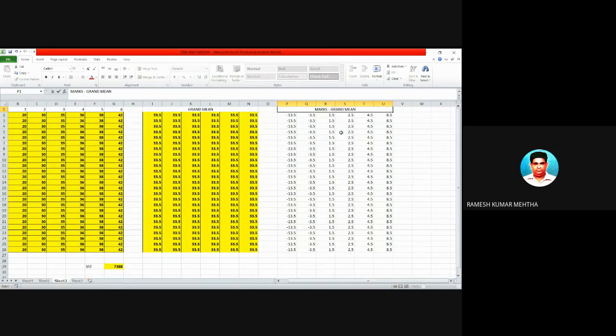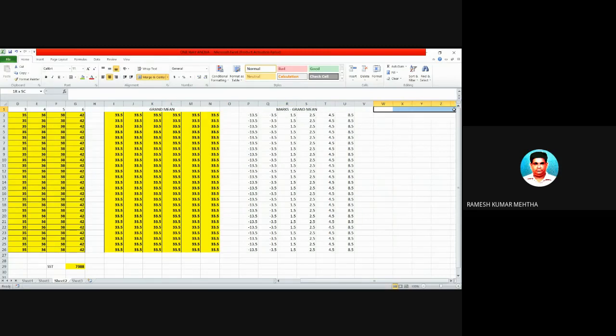Now this is not enough. We have to square the result, which is marks minus grand mean. I'm going to square it because variance is always positive.